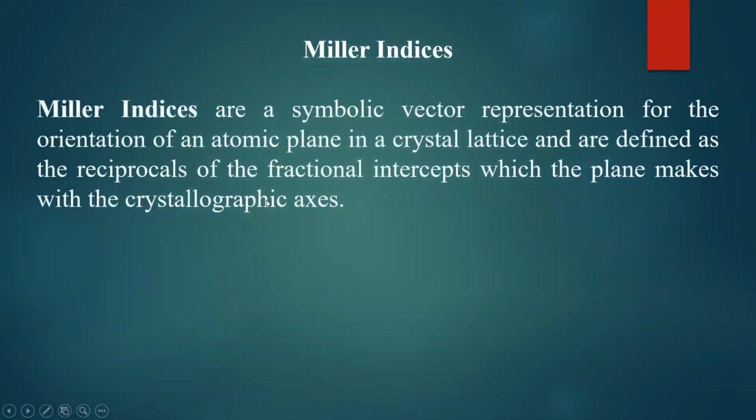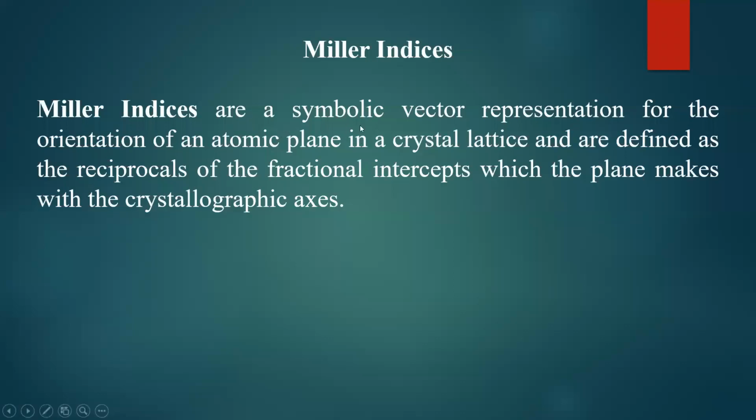So just to remember, crystal planes are represented by means of Miller indices. Miller indices represent the set of parallel planes. They are numbered using the intersection of planes with respect to the crystallographic axis.